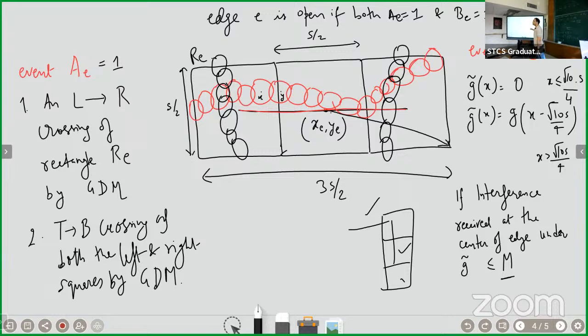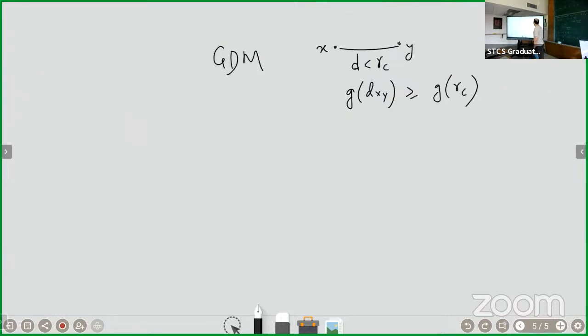Interference seen at any point inside this rectangle is less than or equal to F. So the SINR between X and Y is greater than or equal to G of RC over N naught plus gamma times F.